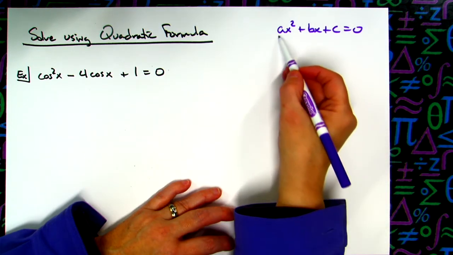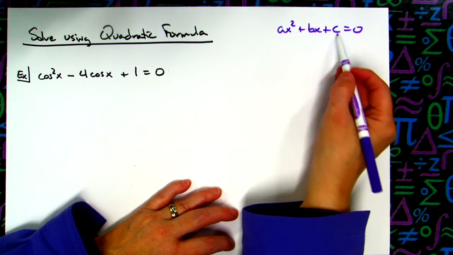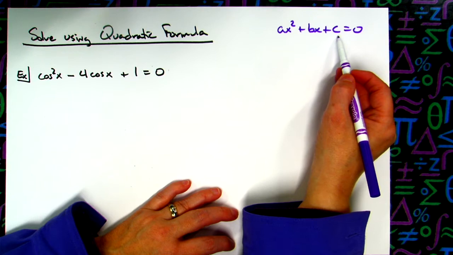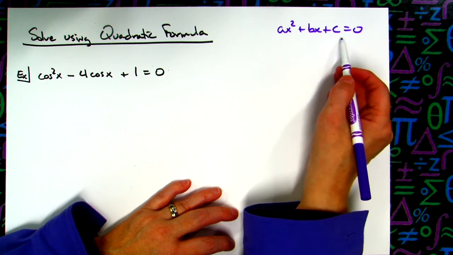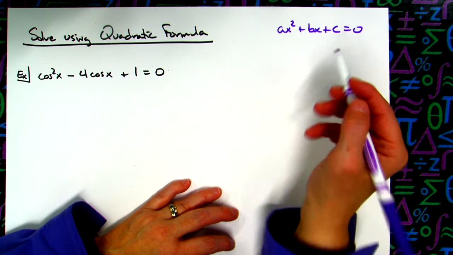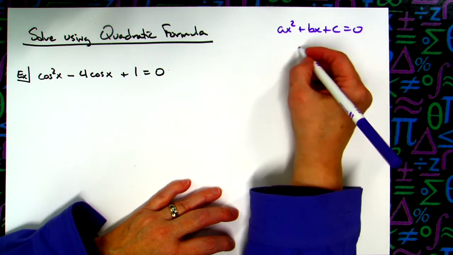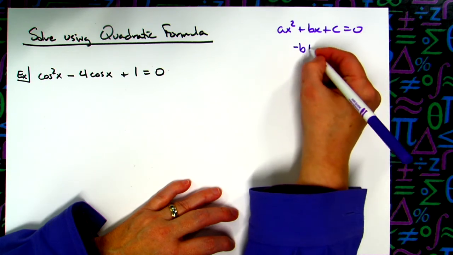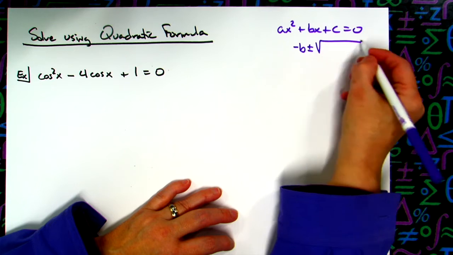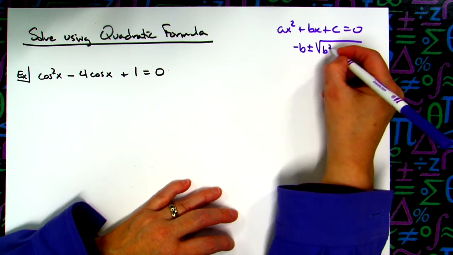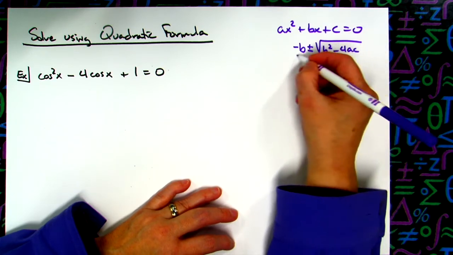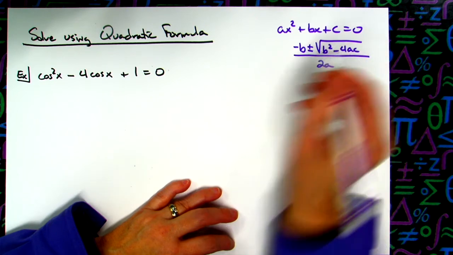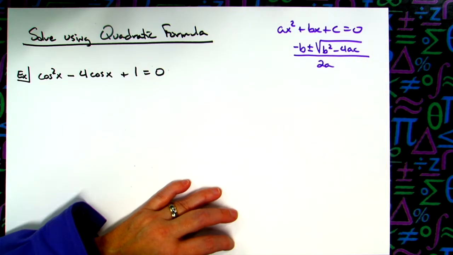Because there's an a coefficient, there's a b coefficient, and there's a c number. And we take a, b, and c and plug them into that quadratic formula, if you remember. You probably memorized the quadratic formula as negative b plus or minus the square root of b squared minus 4ac, all over 2a.